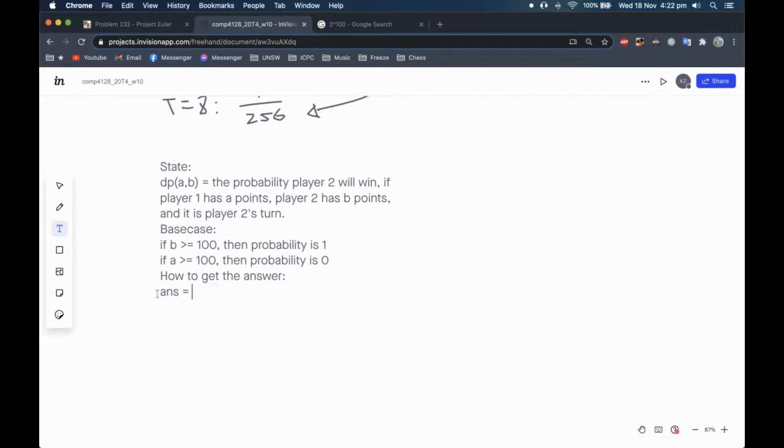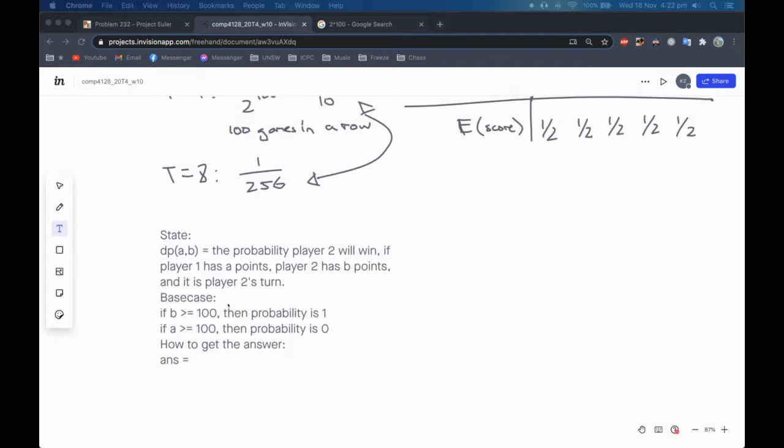How can I use them to work out what my answer should be? Ideas? Okay, well, as a hint, maybe you should consider sort of what player 1 can do here.